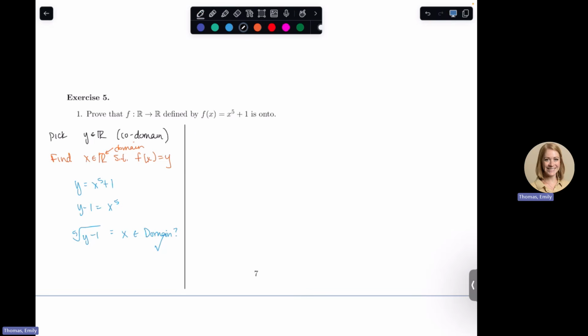All right, let's write a proof. Let f from R to R be a function defined by f of x equals x to the fifth plus 1.